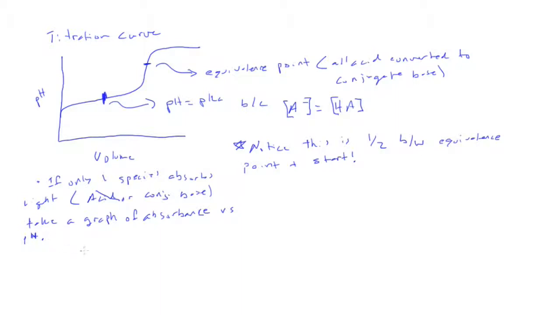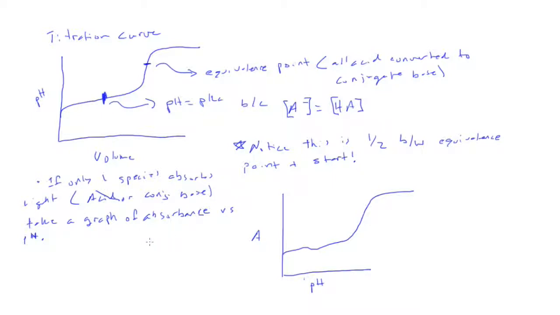If we do a graph of absorbance versus pH, we end up with a very similar curve to our titration curve, something like this. However, what you should notice is that the absorbance of the conjugate base should be about half of its max.